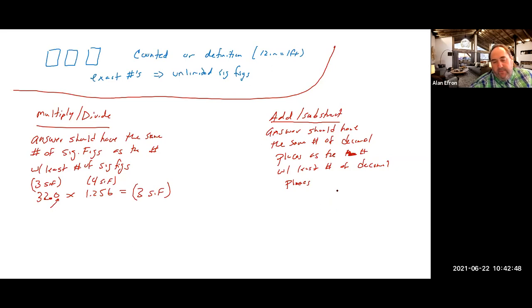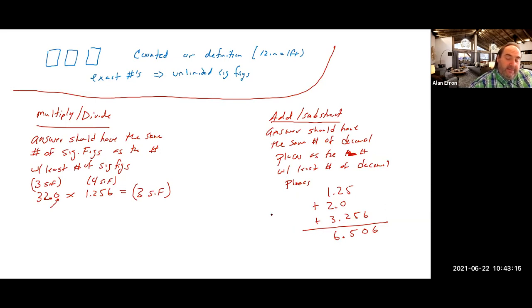So if we took 1.25 and added it to 2.0 and added it to 3.256, when we would do this addition here, we would end up with 6, I think, 5.35 and 6. I didn't use my calculator, so hopefully that's right.